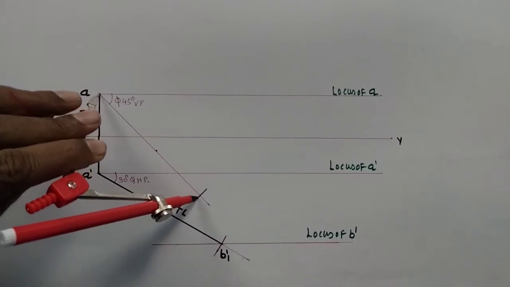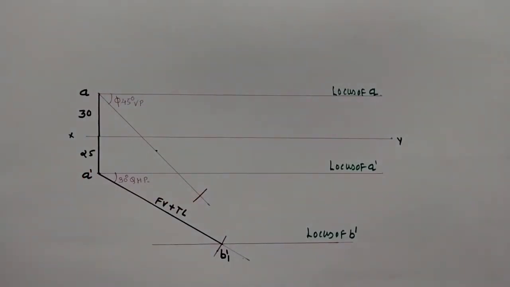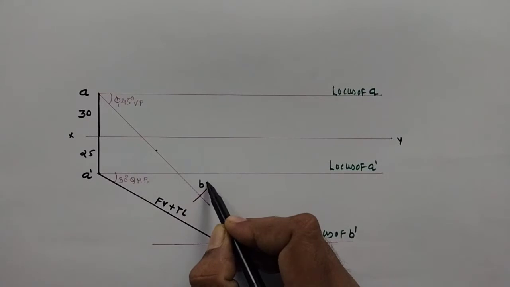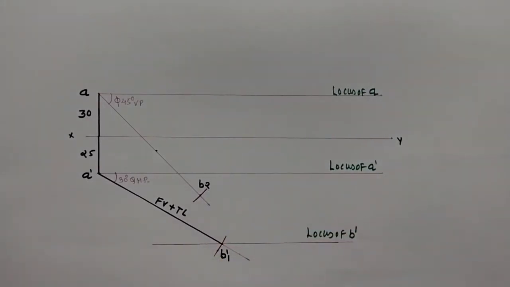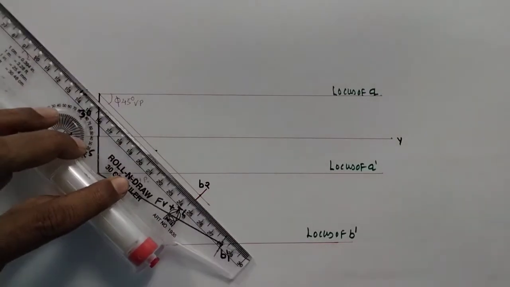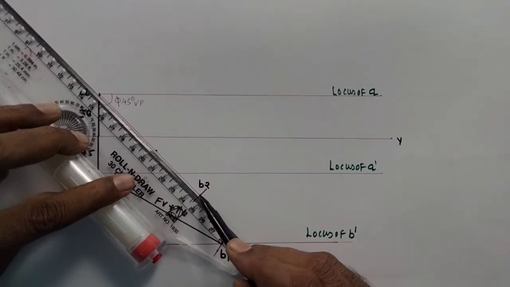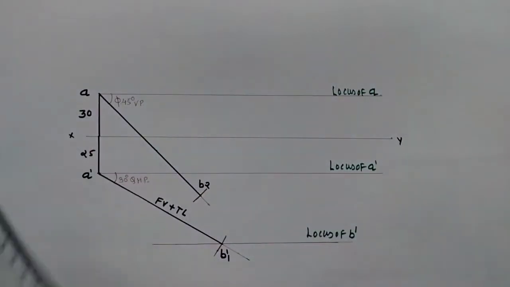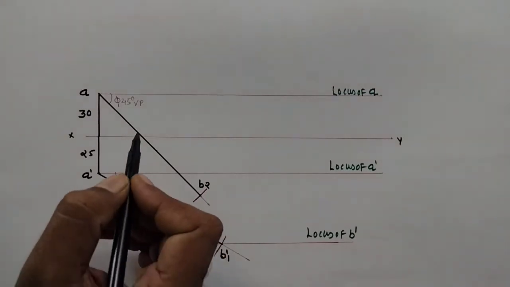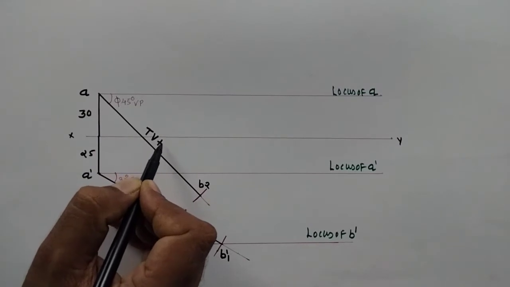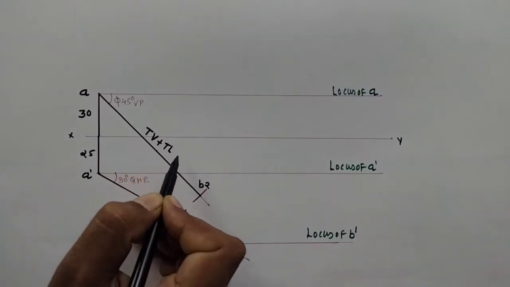I draw the arc on the plan inclination line, and it is my end point of AB in top view. So I join AB2, that is the line inclined to VP in top view. So top view plus true length 100 mm.